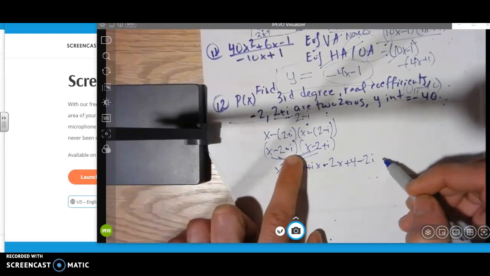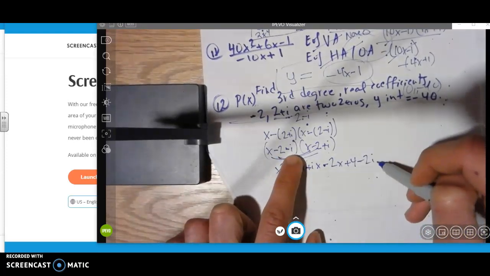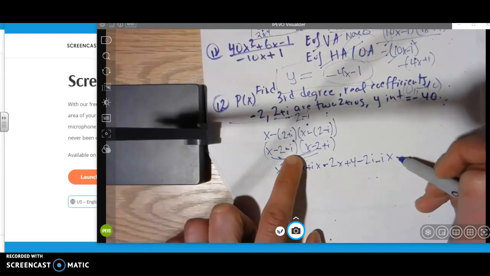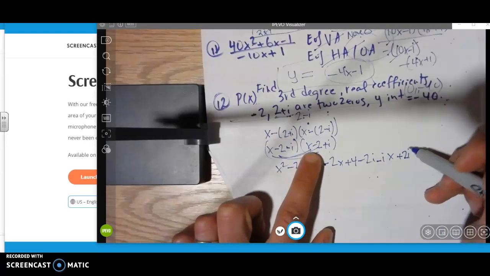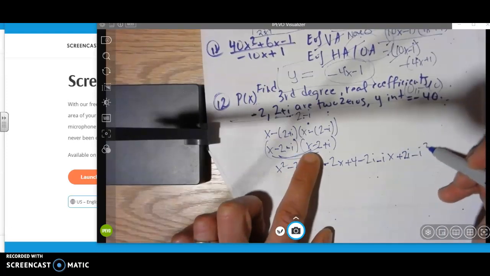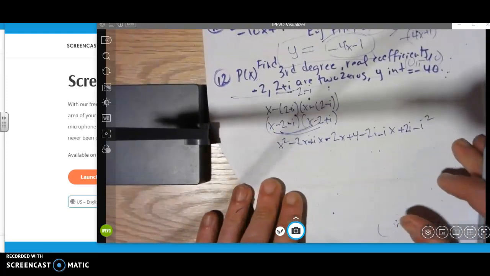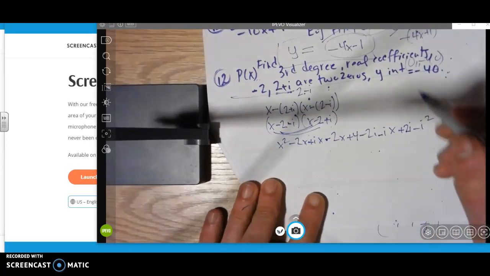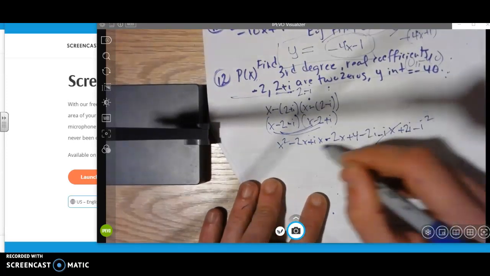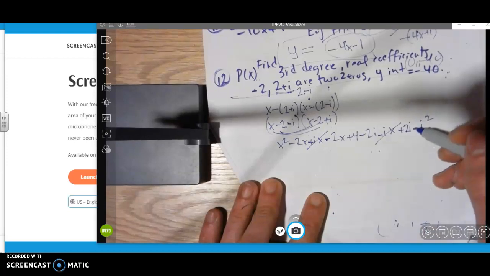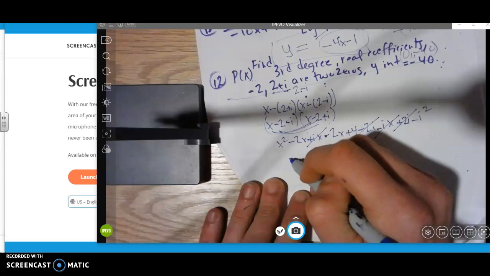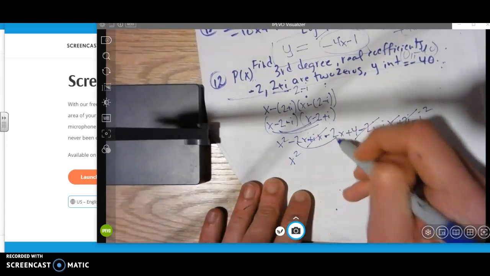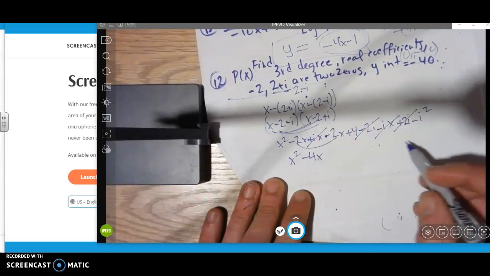Now we distribute the negative i, and we get negative ix plus 2i, and then minus i squared. Now we look for anything we can simplify: we have minus ix and plus ix, plus 2i and minus 2i. We're left with x squared, and we combine the two x terms to get x squared minus 4x.